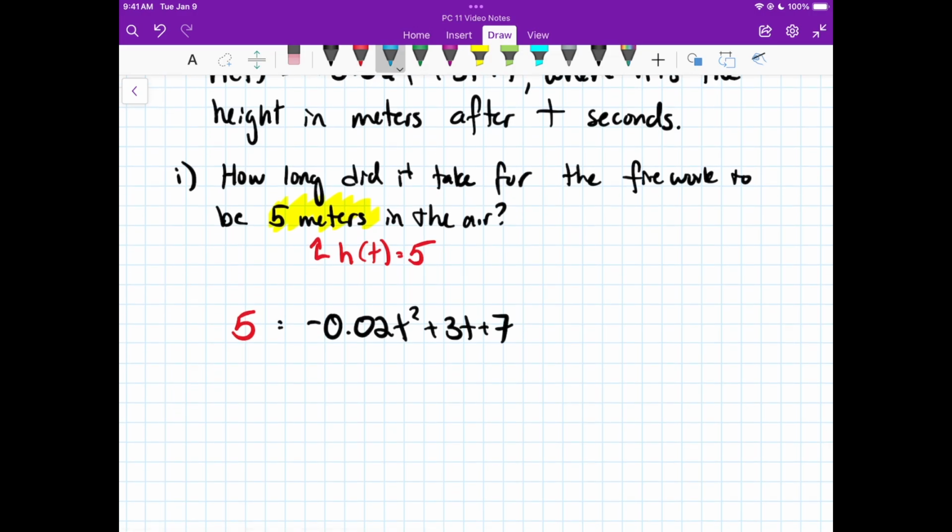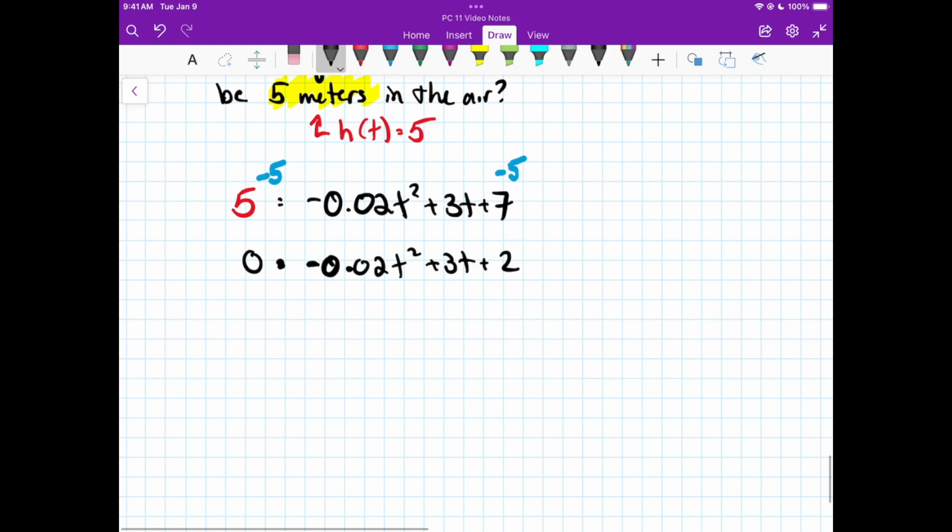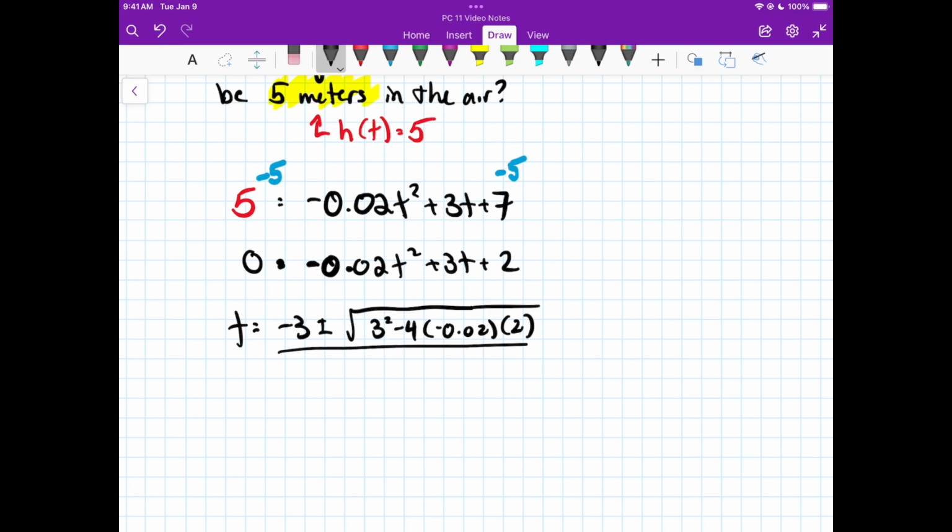All right, so if we want to solve this, we're going to start by subtracting 5 on both sides. We get negative 0.02 t squared plus 3t plus 2 now. If we go through and solve this, we get t equals, not x equals, negative 3 plus or minus the square root of 3 squared minus 4 times negative 0.02 times 2, all over 2 times negative 0.02.